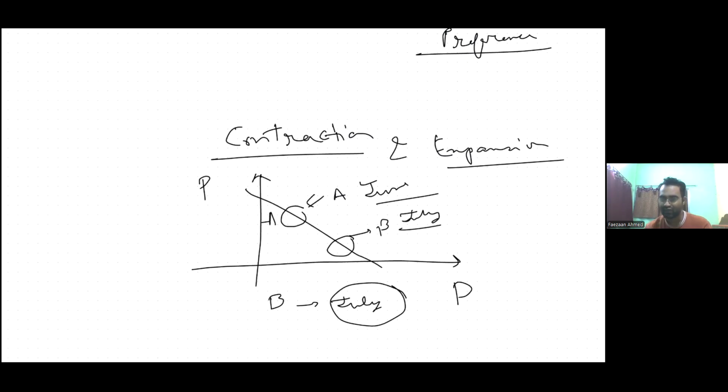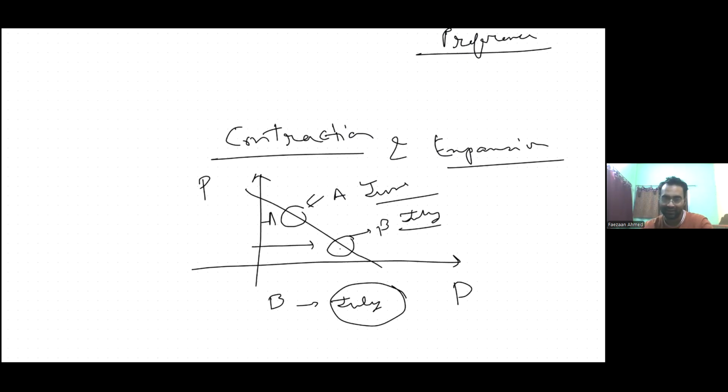Now, if this is true, that B is the increase, you will see that this particular B also corresponds to a lower price. The price over here is lower. So this is not the same as increase in demand because we are not changing the curve.